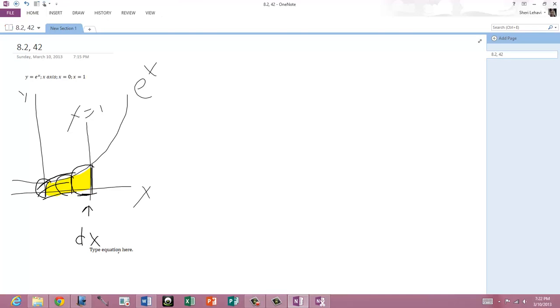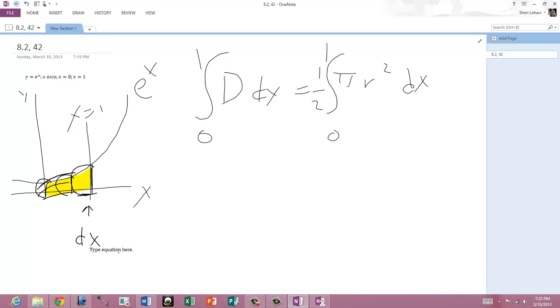I would integrate from 0 to 1. I have half circles, I know because the problem told me, and their thickness is dx. So I know that the formula for the area of a half circle is 1/2 times the circle, which is pi r squared, and then I still have my dx.